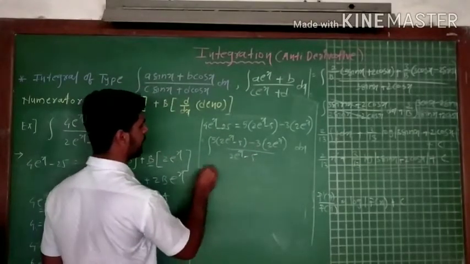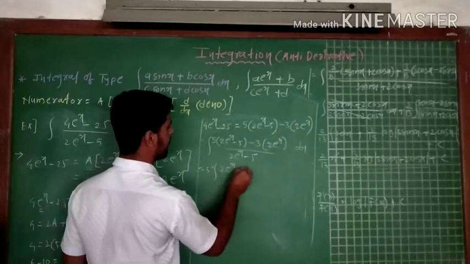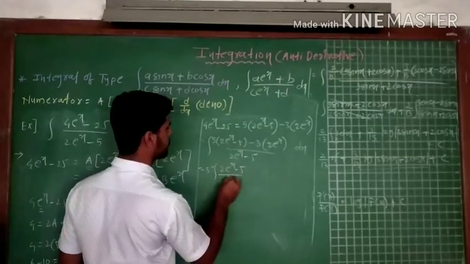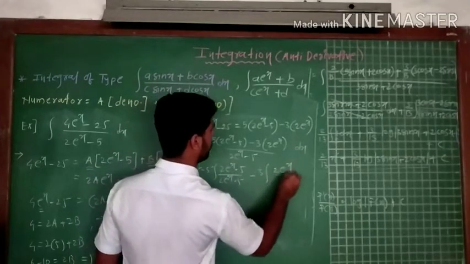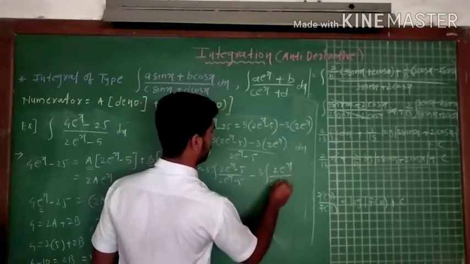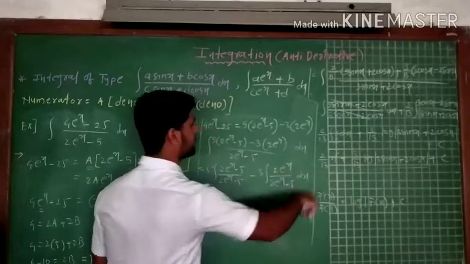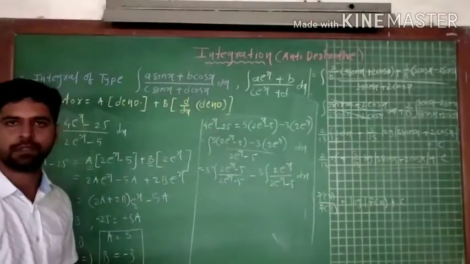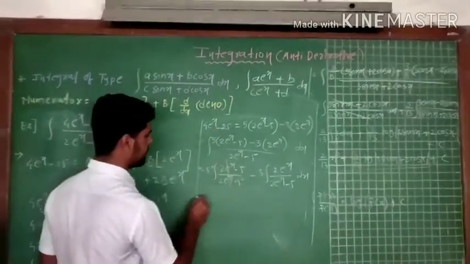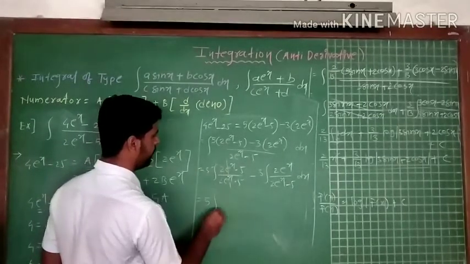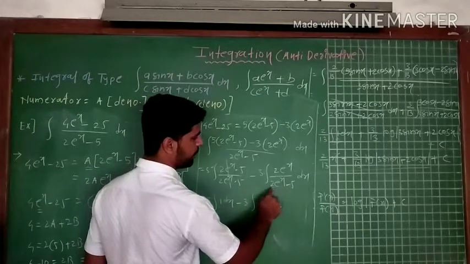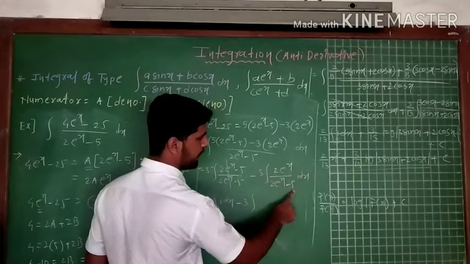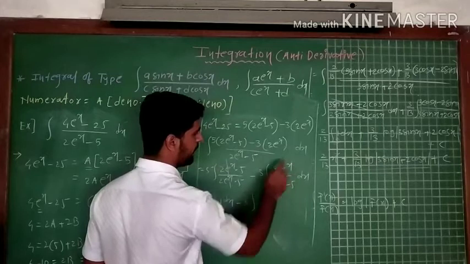Let's separate (2e^x − 5) by (2e^x − 5), with the minus 3 outside because it is a constant. We have separated the numerator for both terms. Now this cancels, so we get 5 into 1 dx minus 3 times the integral of 2e^x over (2e^x − 5). You can see the derivative of 2e^x is 2e^x and the derivative of 5 is 0, so the derivative of the denominator is in the numerator.